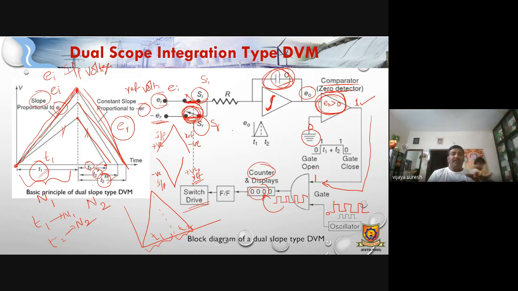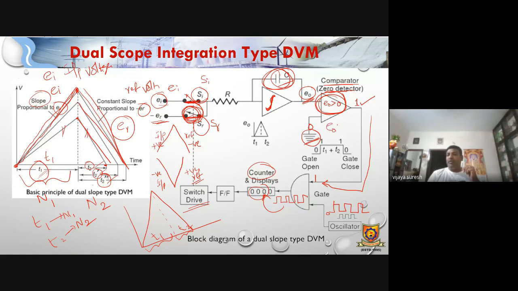By that time, the capacitor starts discharging. During the discharging, again the counter starts counting the pulses, and whenever it comes to zero, E naught and 0 are compared.